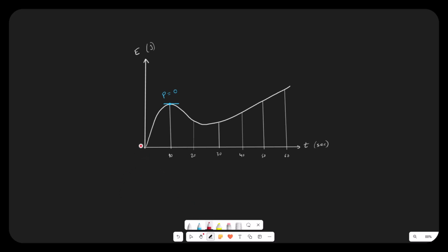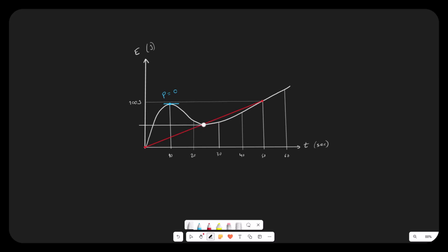But if I wanted the average power over the first, let's say, 50 seconds, I'm going to say I know my energy here, I know my energy here, and I'm going to connect those with a straight line. My average power delivered over the first 50 seconds is just the slope of this line. So if I know some of these values, maybe this value up here is 100 joules.